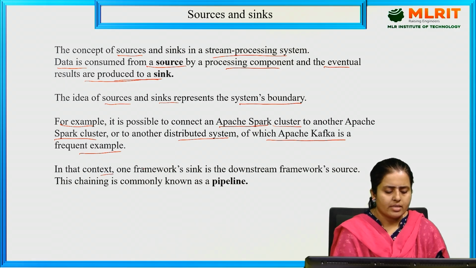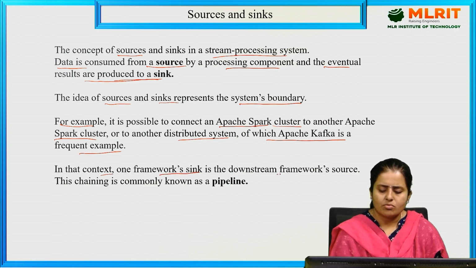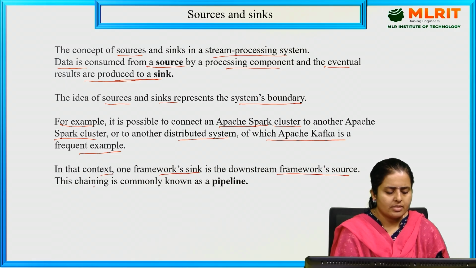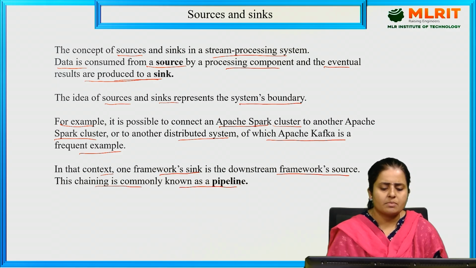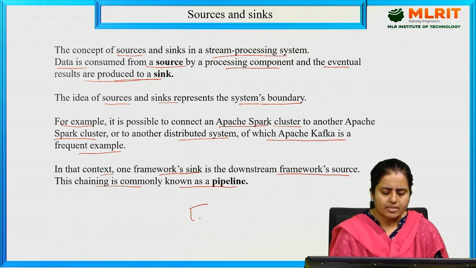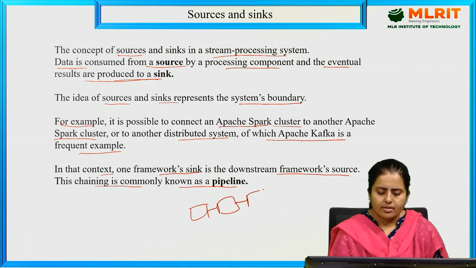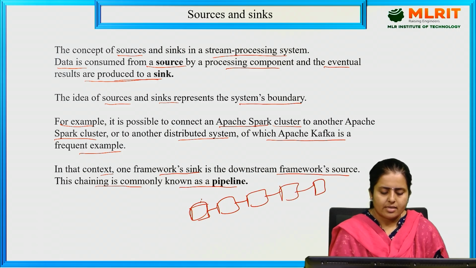In that context, one framework's sink is the downstream framework's source. This chaining is commonly known as a pipeline. So if all the clusters are interconnected like this, one system's data sink can be another system's data source.